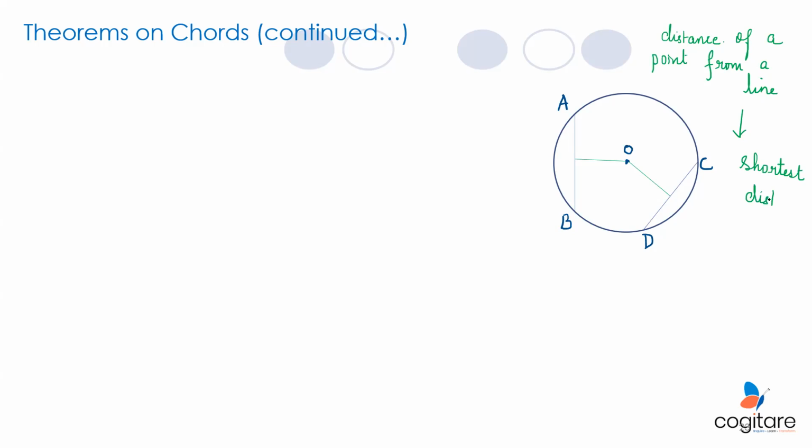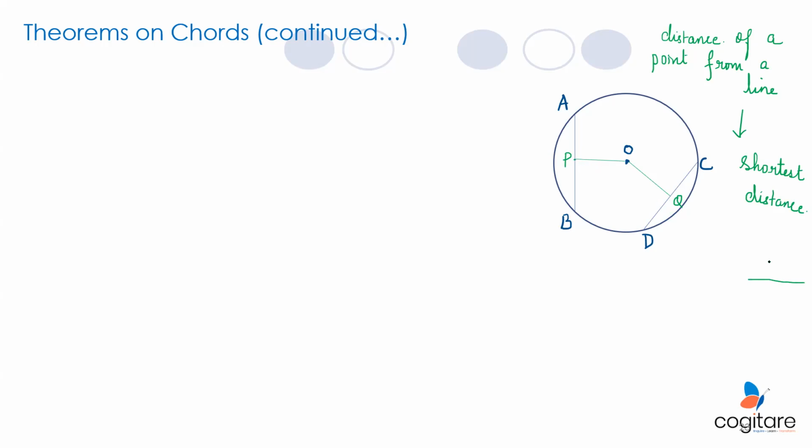Am I right, guys? So the minute we talk about shortest distance, let's say this is the point P where the line from the center touches the chord is P, and for this, let's say it's Q. We know that this shortest distance is perpendicular to the line. Do you remember that, guys?